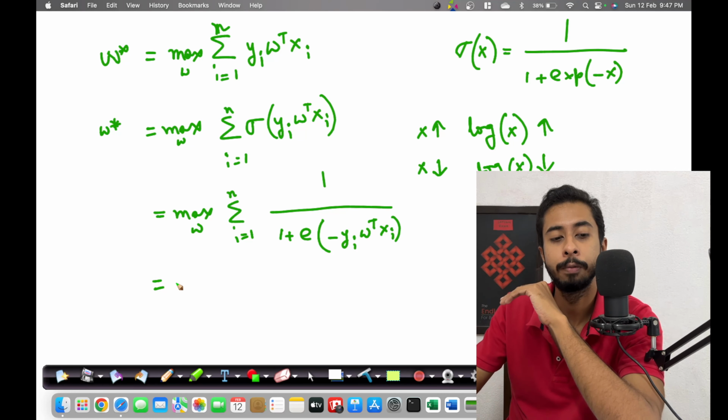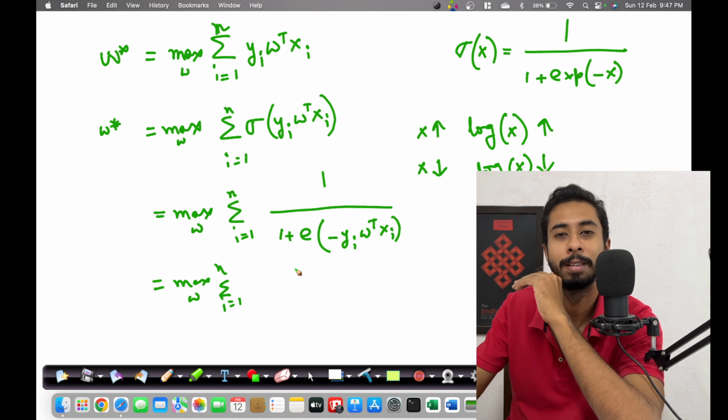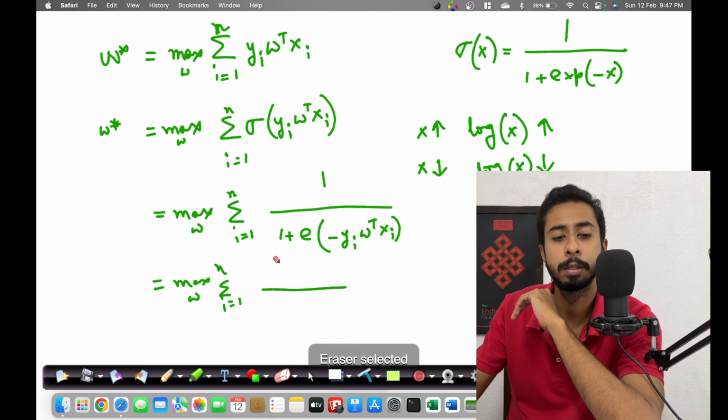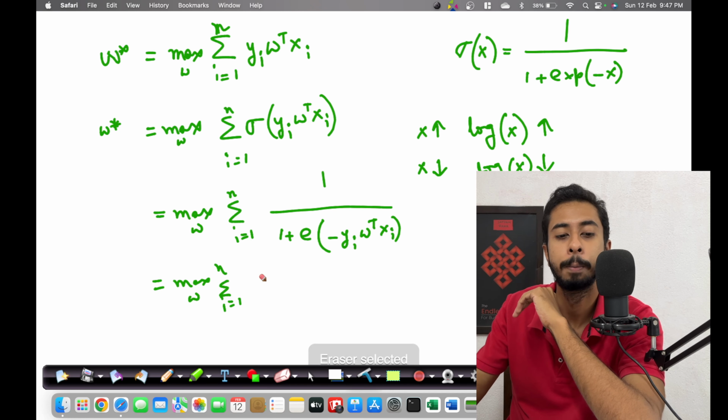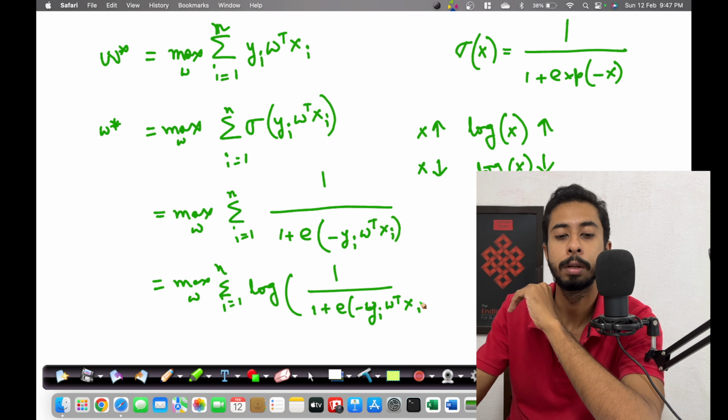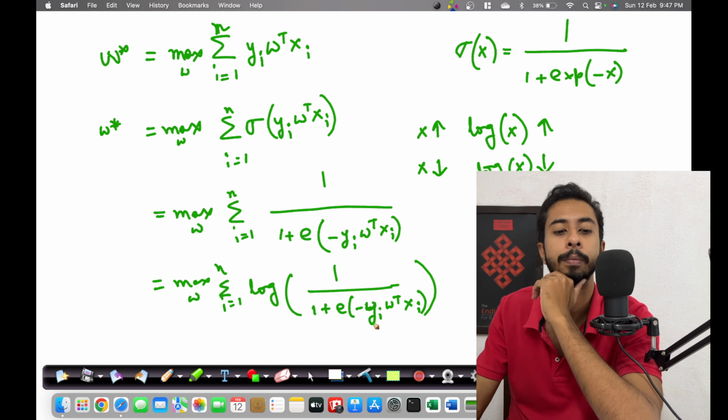So we can very safely use this, pardon my handwriting, I'm worse than a doctor. I'll just use the log function here, so I'll write log of 1 by 1 plus e to the power minus yi w transpose xi, right?